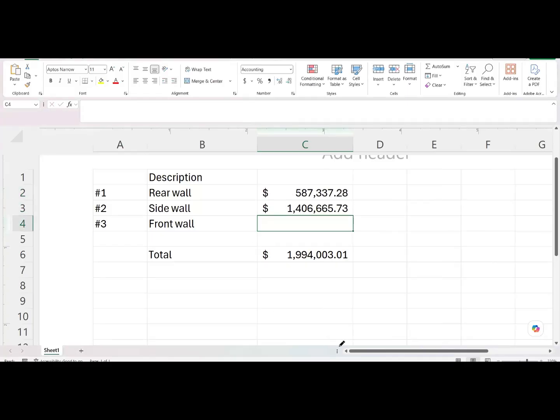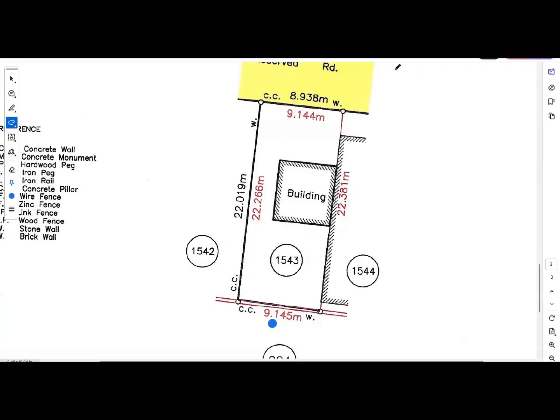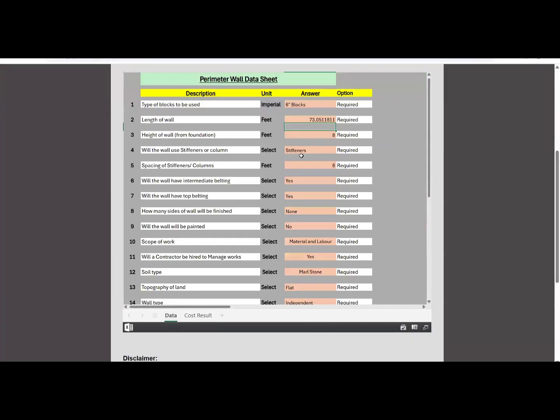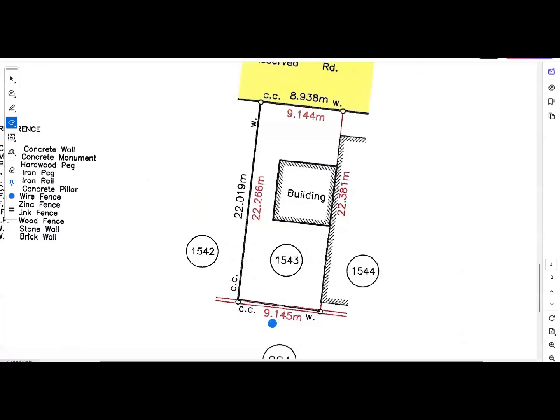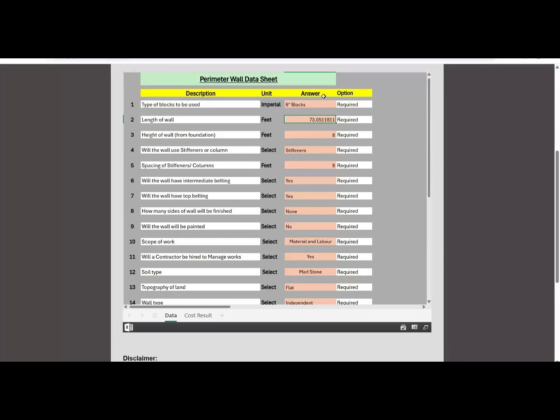And after that, I could do the front wall and consider that there's going to be a gate. I could go in the conditions and put in this measurement 9.144. And then I would just need to put this in a bracket and subtract 10 feet from it to ensure that I represent the reduced measurement.